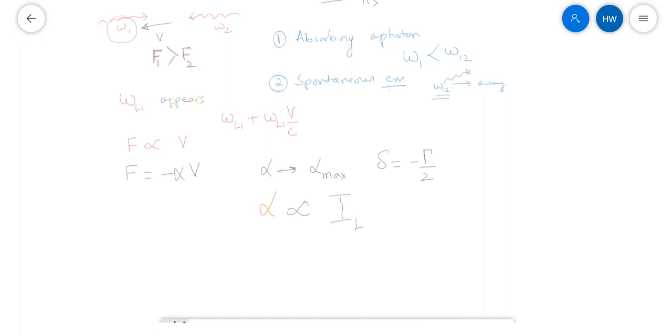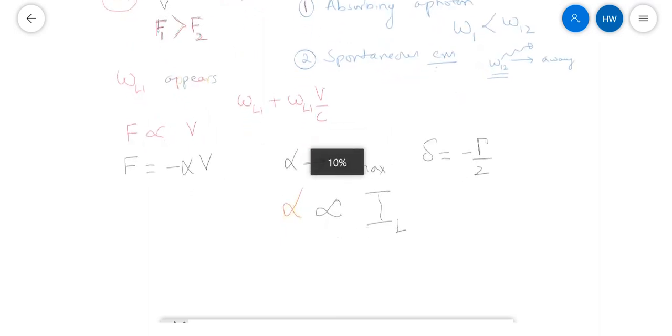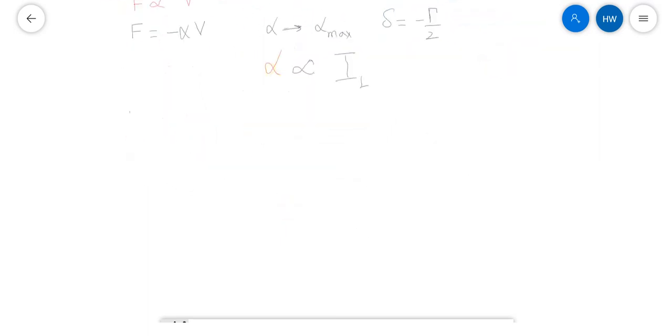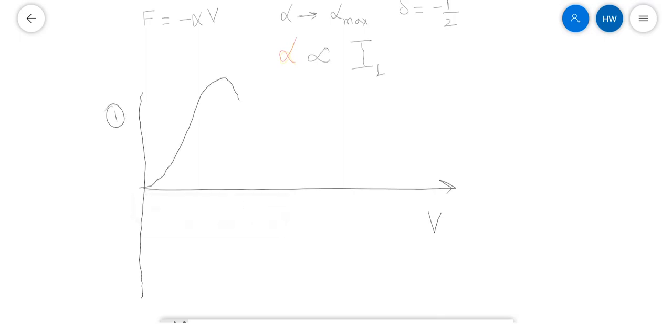This is how you get it. And remember that the mean force acting on the atom is averaged over many absorption and emission cycles. What I have is, I'm plotting force now as a function of velocity of the atom. So you see that because of the laser 1, my force is such that it largely peaks when my velocity is finite.